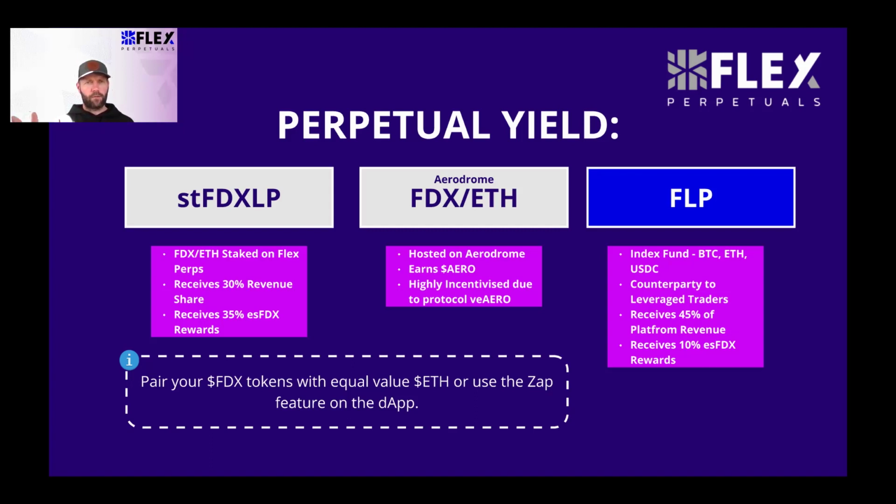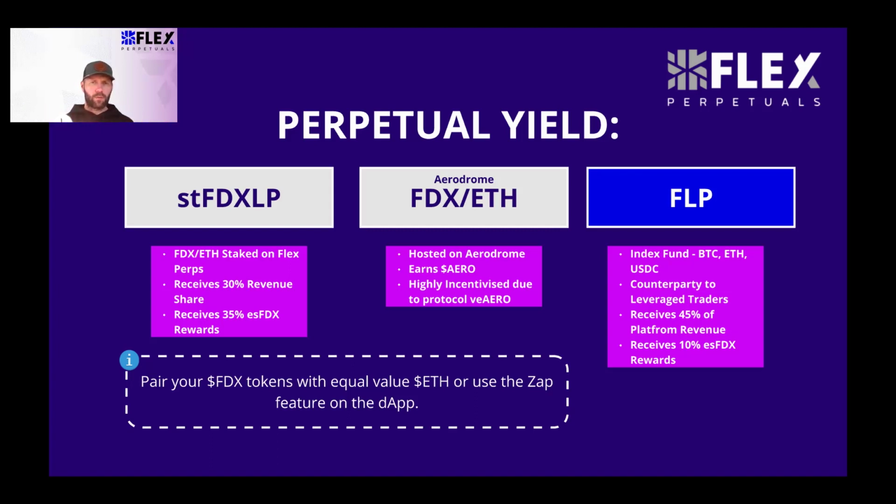The other option that you've got is to stake your FDX ETH LP on Aerodrome. So Aerodrome is one of the largest, in fact, it is the largest decentralized exchange on the base chain.